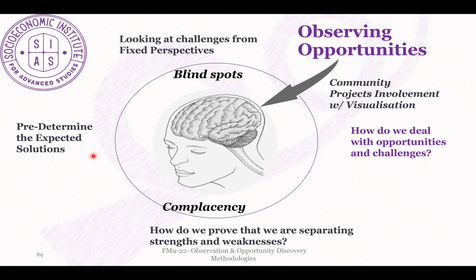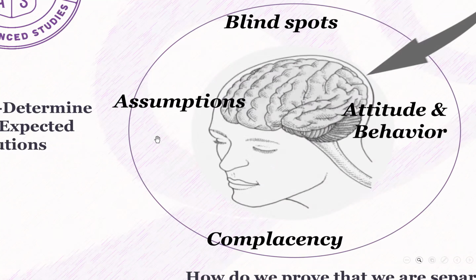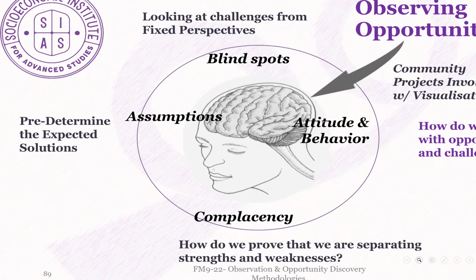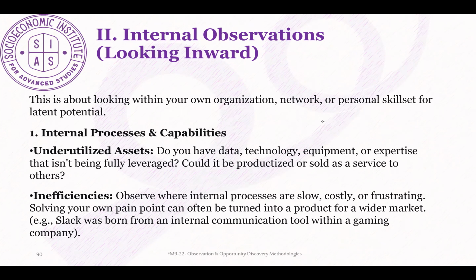This is something we really need to avoid. So we should always remember that assumptions, complacency, attitude, behavior, and blind spots all affect our judgment to find a solution, to find opportunity inside the problem.